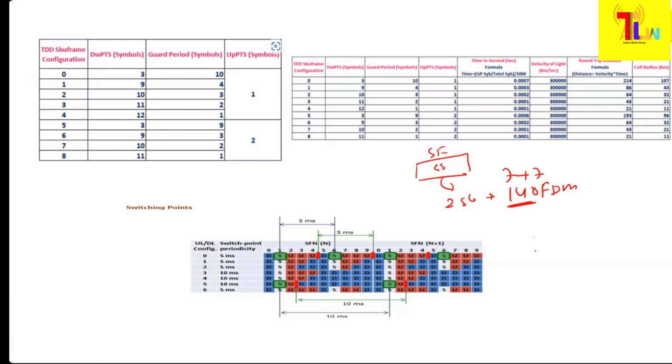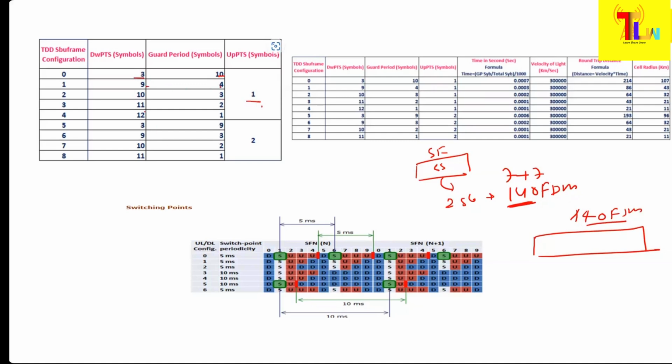In these 14 OFDM symbols we have to design the guard period as well, and then some symbols will be for uplink and some for downlink. If you sum, for example, 3 plus 10 plus 1, or 9 plus 4 plus 1, everything comes to 14.